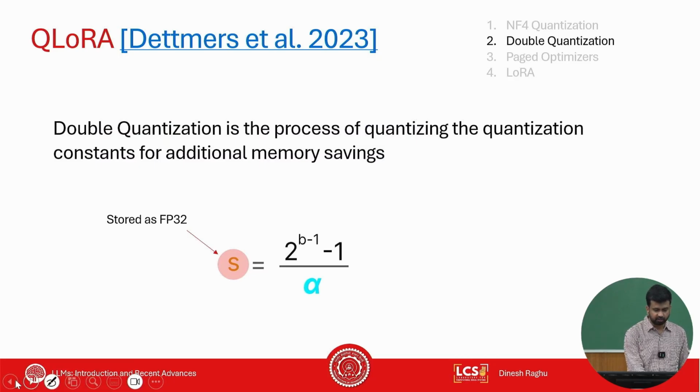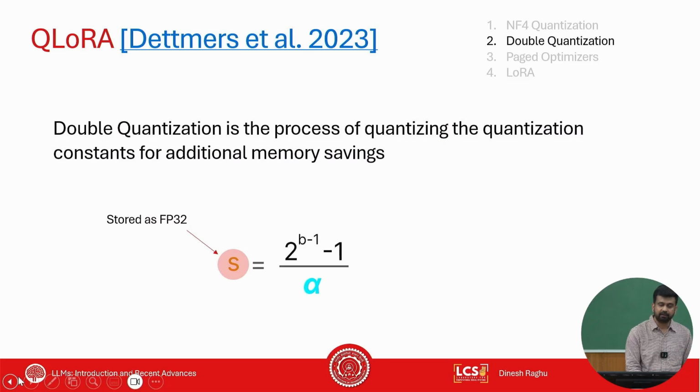And so now let's look at what double quantization is, right? When you quantize, you typically store the quantization constants in FP32, full precision, right? Because the more precise your constants are, the lower your quantization error is going to be. So what people typically do is represent these in FP32.